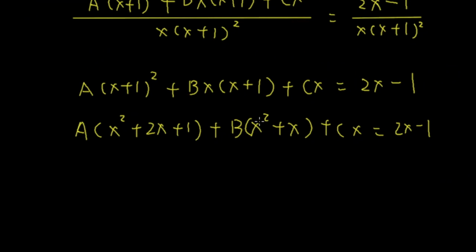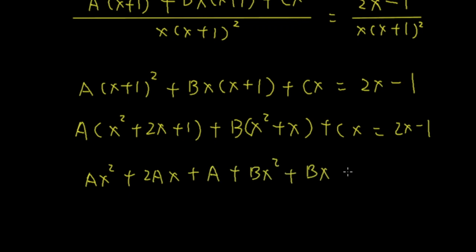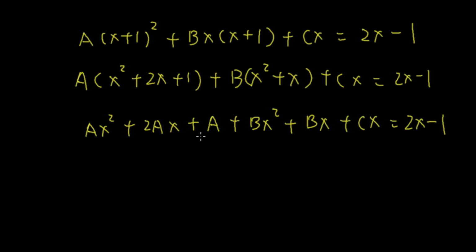Okay, so distribute this, we get Ax squared plus 2Ax plus A plus Bx squared plus Bx plus Cx equals 2x minus 1. Now, group the like terms together. So this and this are like terms, right? Ax squared plus Bx squared.